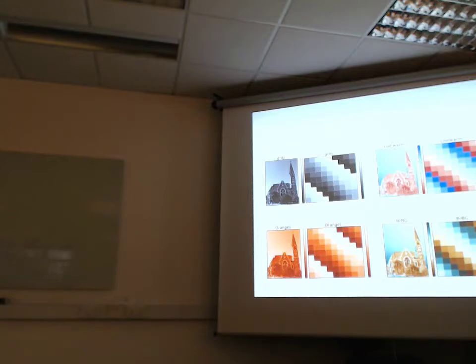Yeah. And if I can ask a related question, does the choice of colour map also depend on what it is that we're really interested in? Because we get the outline of the church.